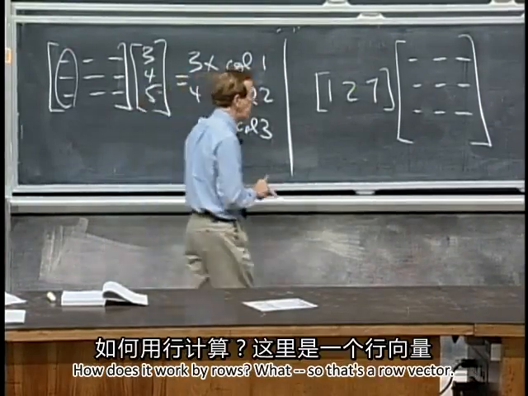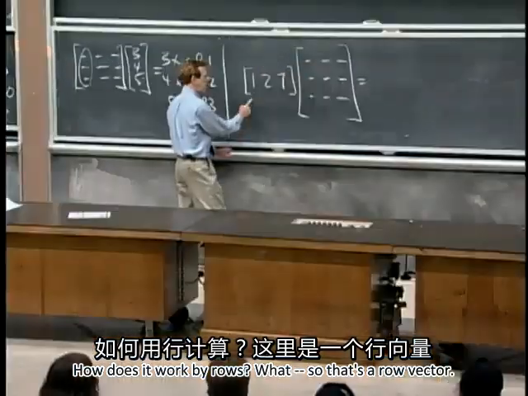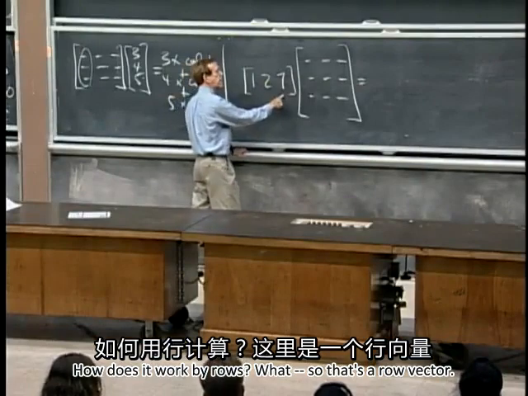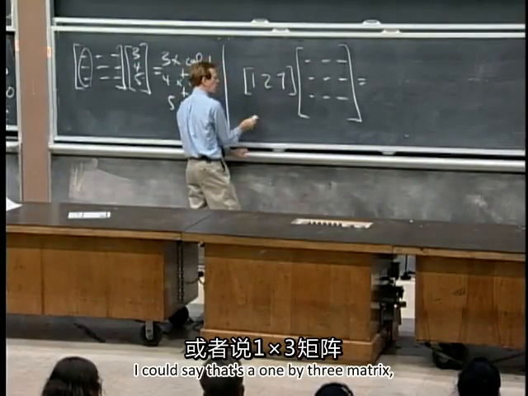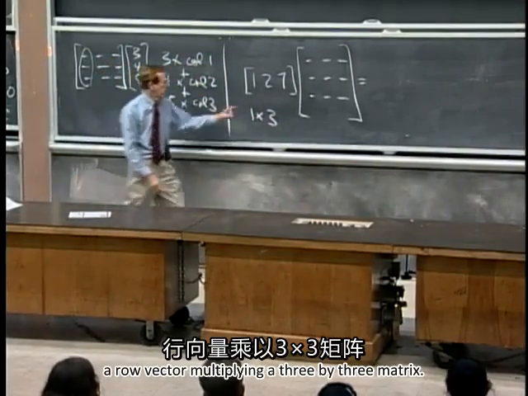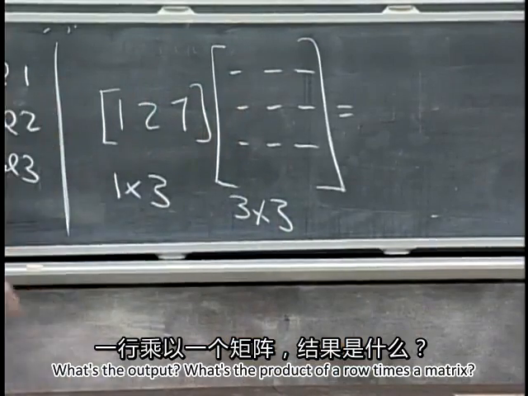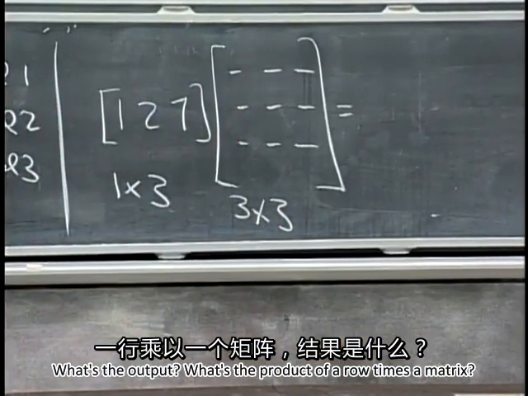Okay, how does it work by rows? That's a row vector. I could say that's a 1 by 3 matrix, a row vector multiplying a 3 by 3 matrix. What's the output?